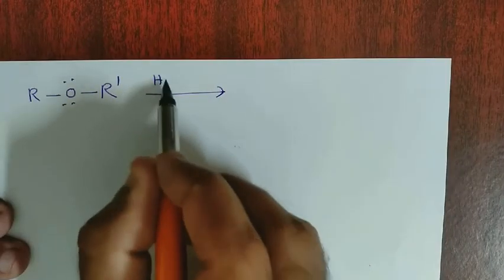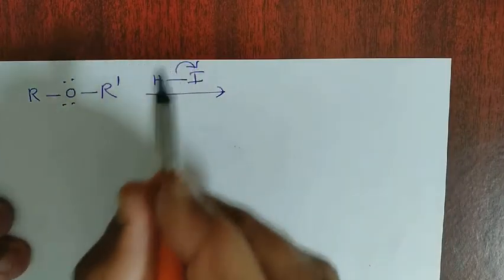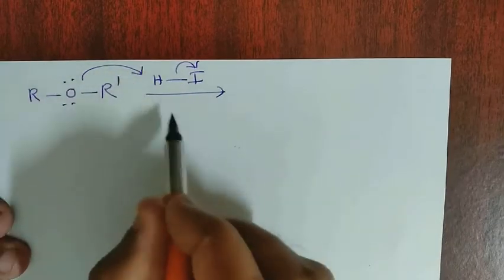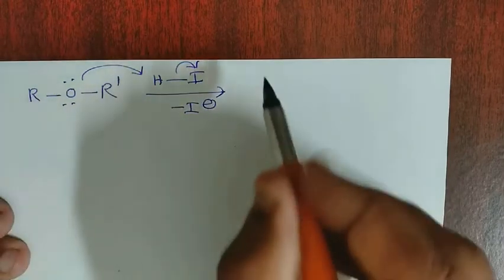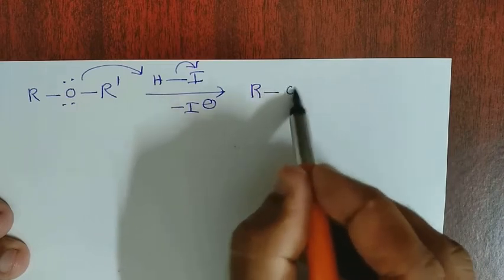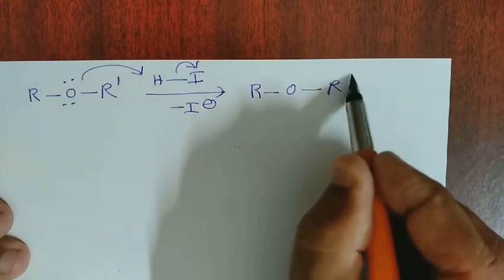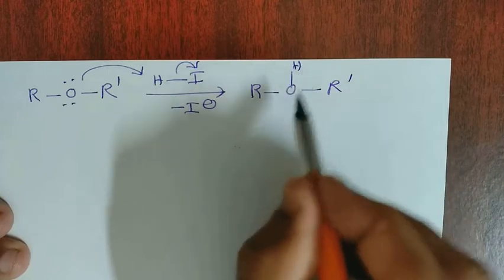If R or R' is a tertiary alkyl group or a benzylic group or an allylic group, the mechanism of cleavage follows the SN1 mechanism.